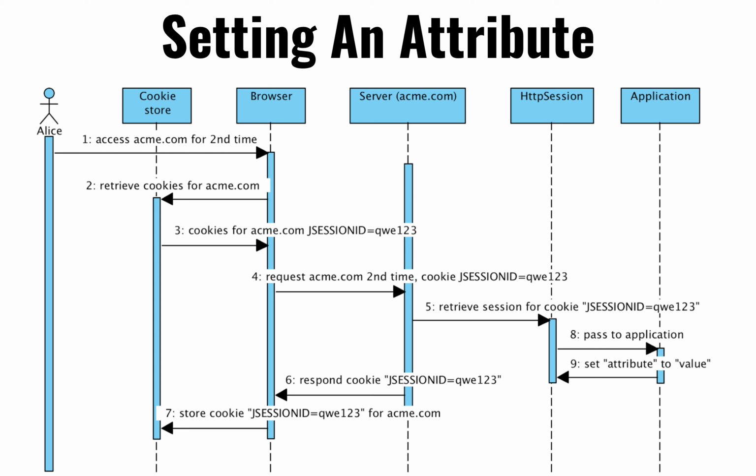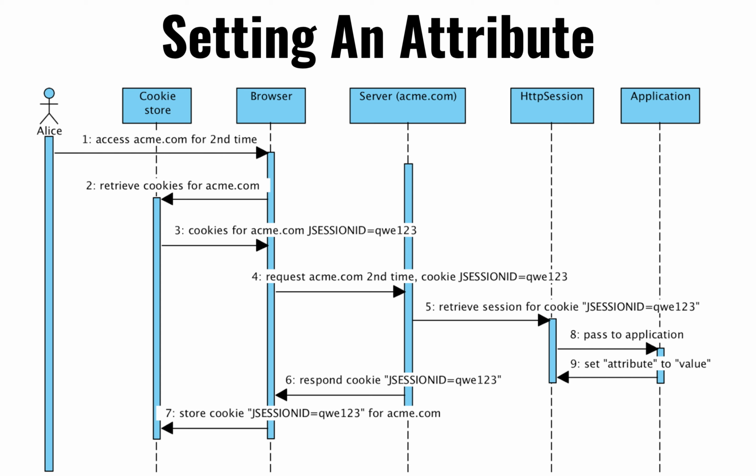If I don't get a cookie request from you in the last 30 minutes, I'm just going to throw away that session because it's just occupying memory space for me, and I need to maintain some other 1,000 conversations from somebody else. So here, notice that we did pass a JSession ID. I retrieved the HttpSession instance that I had created earlier.